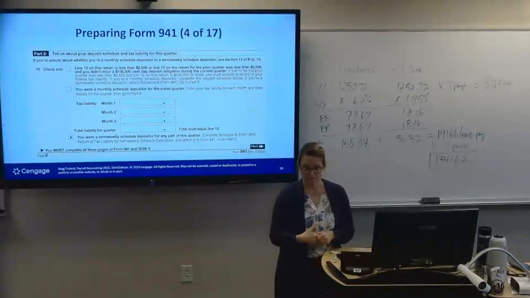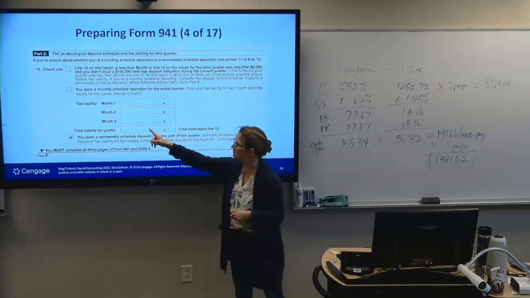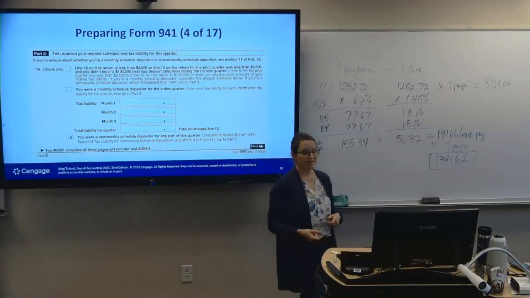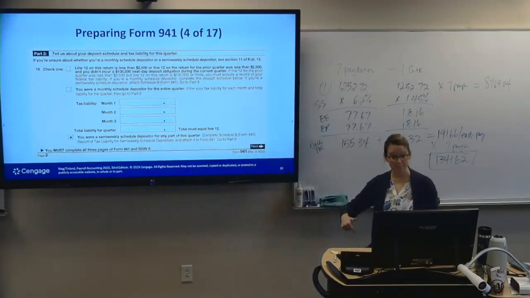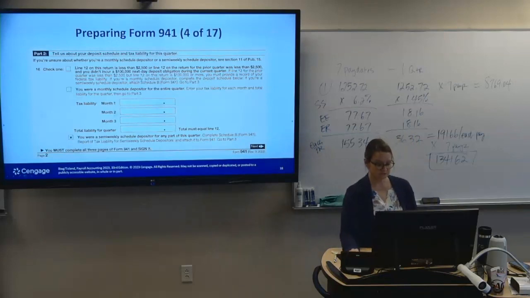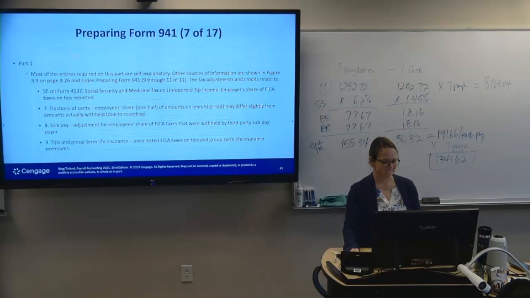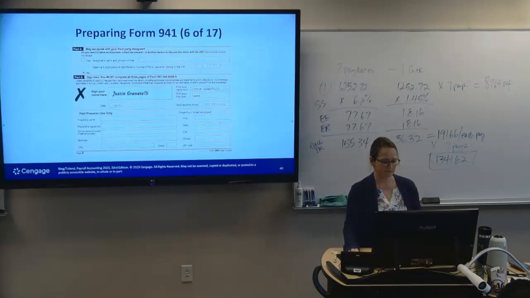It's called Schedule B. That's the reason you don't see a number here, because they were a semi-weekly depositor. That means the amount on that Schedule B is what has to match that line 12 or line 10 amount. So let's look at the Schedule B. Do they have it? We will look at Schedule B though.